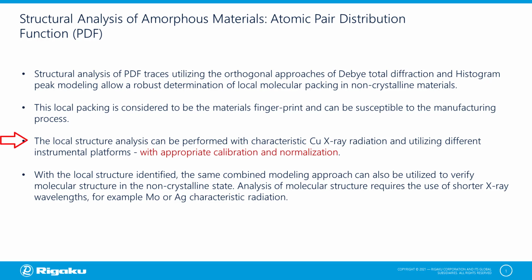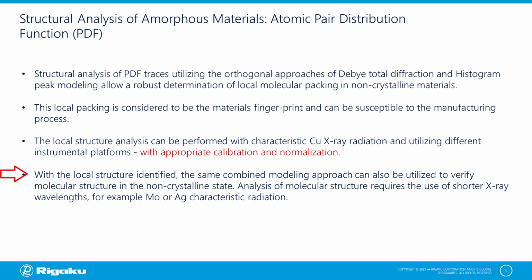Now, this local structure analysis can be performed with characteristic copper X-ray radiation and even utilizing different instrumental platforms. But you must have appropriate calibration and normalization to be able to use copper X-rays for instrument-free PDF derivation.